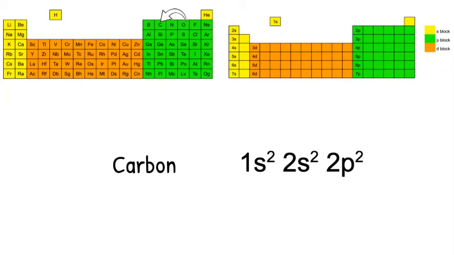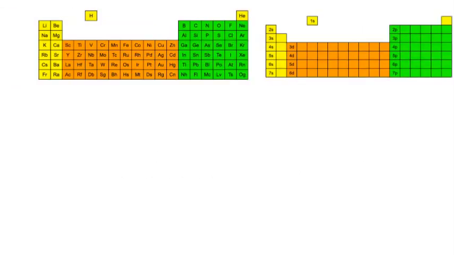Now, if we look at scandium, we'll start from left to right again at the top. So scandium is down there at the start of the D block. And what we need to remember is that the 4s sublevel is lower in energy than the 3d, so we fill up the 4s first.